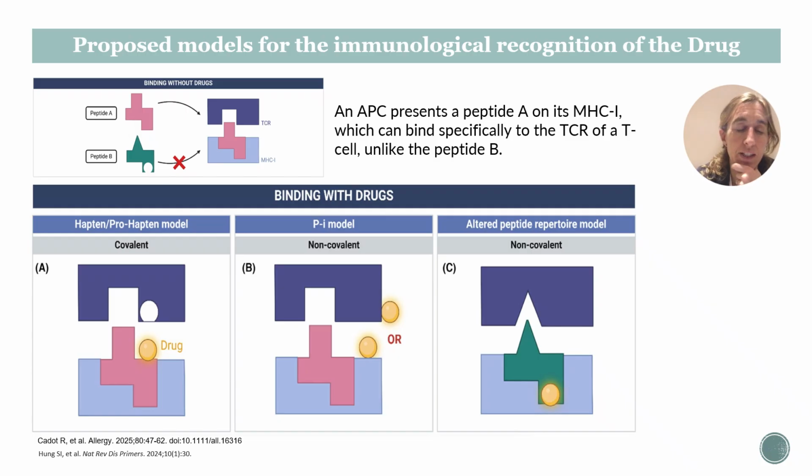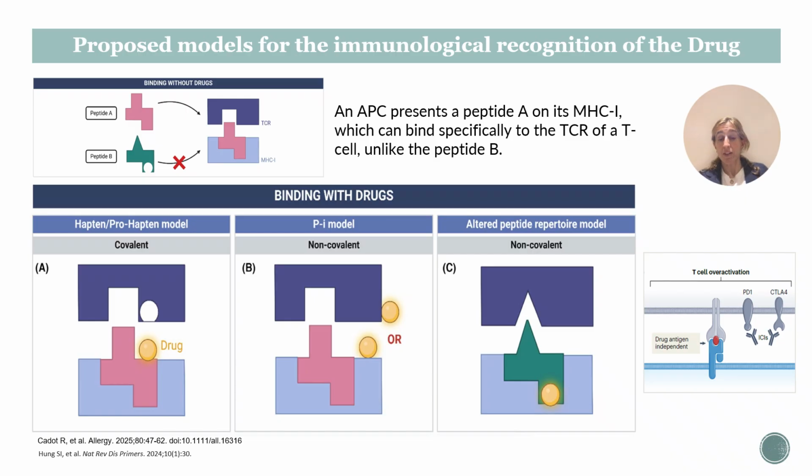And there is another third possibility, that the drug is causing an altered peptide repertoire model. So the drug binds to the binding pocket of the HLA, modifying the affinity of this peptide A, and it kind of turns it into the peptide B. So it really changes the situation of the binding.